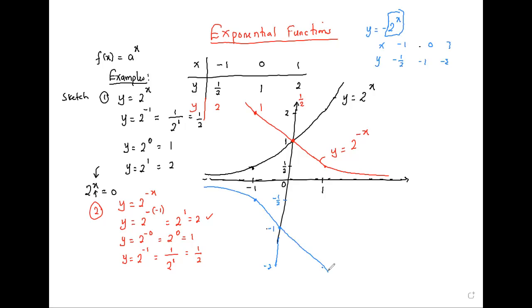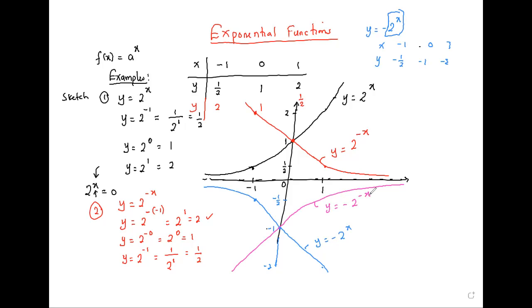And this curve is y is equal to negative 2 to the power x. So that obviously, if now we are to use, we'll have another curve coming this direction. And this curve is going to be y is equal to minus 2 to the power minus x.